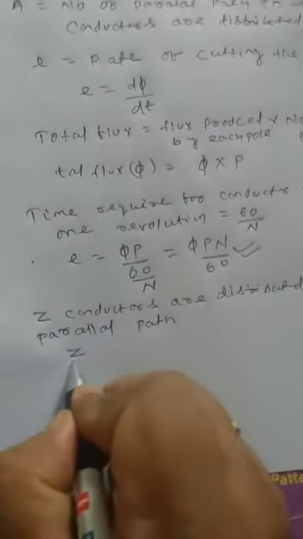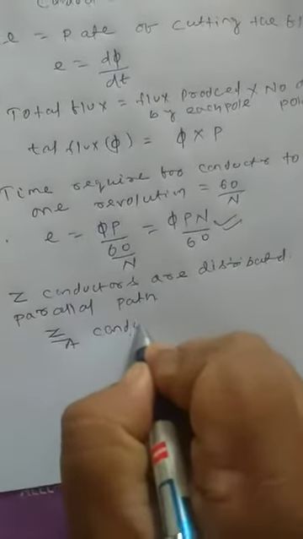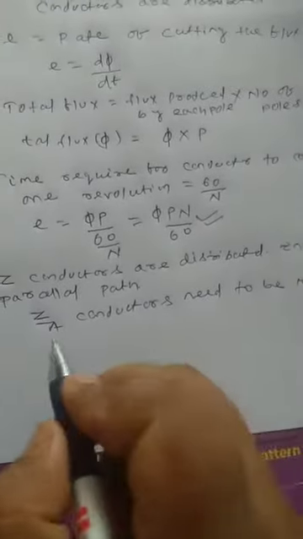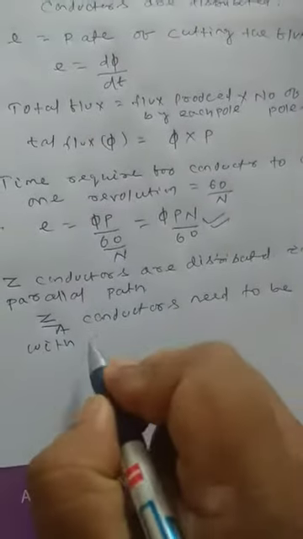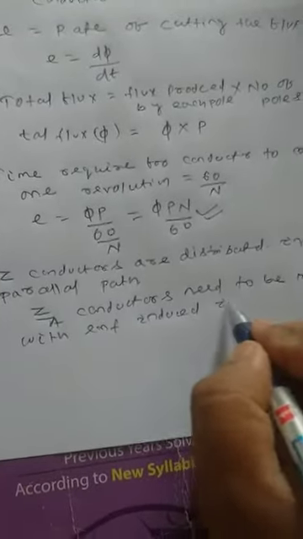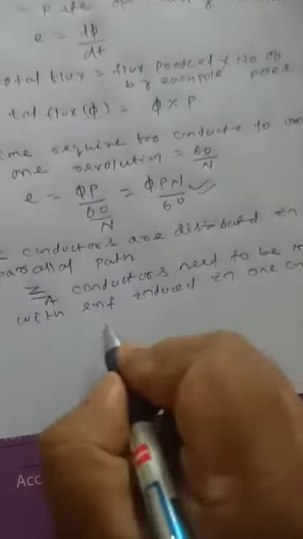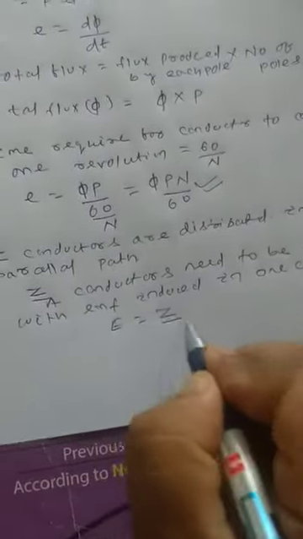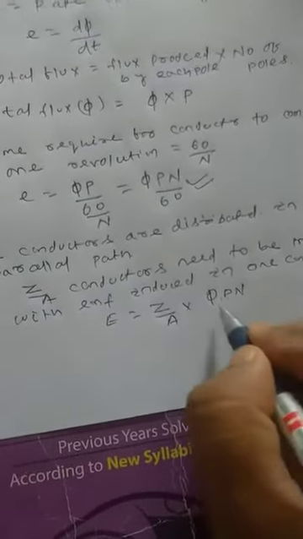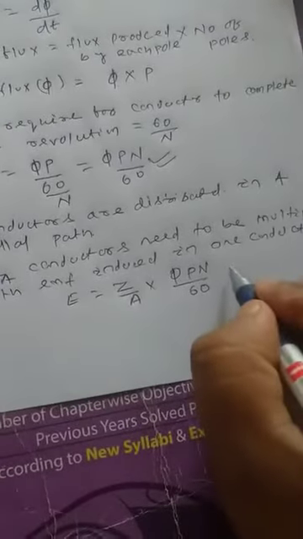Effectively, Z by A conductors need to be multiplied with the EMF induced in one conductor, that is E equal to Z by A into phi P N by 60.